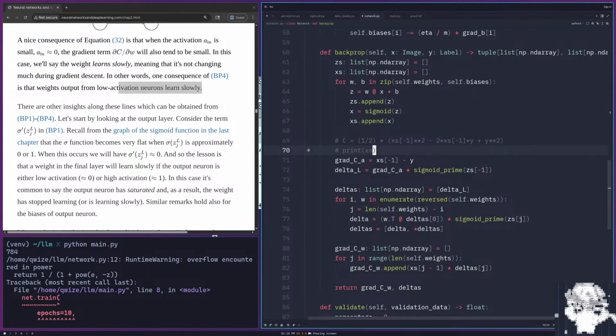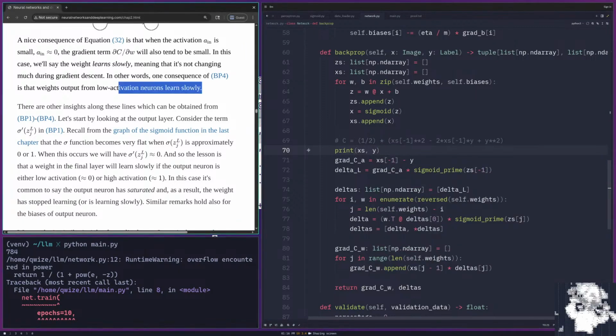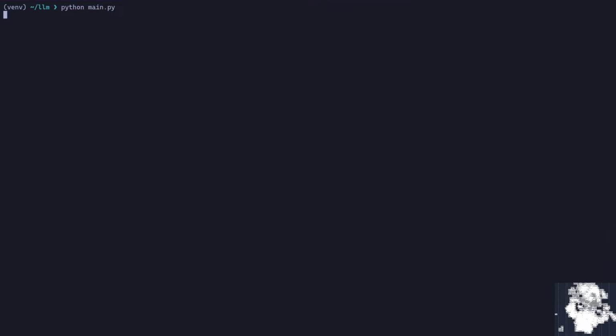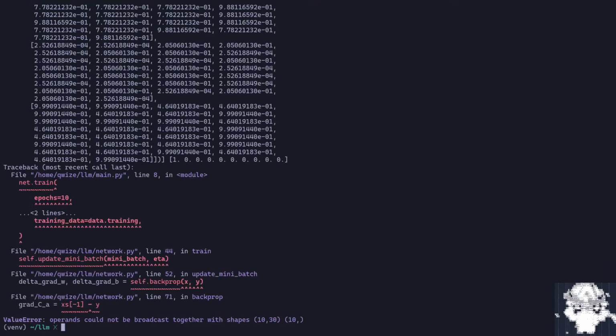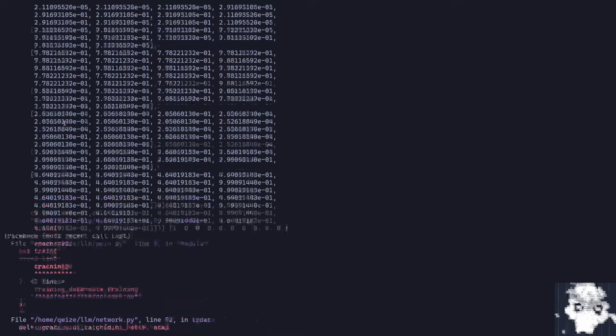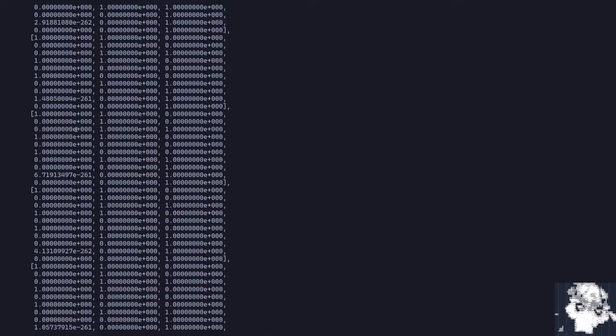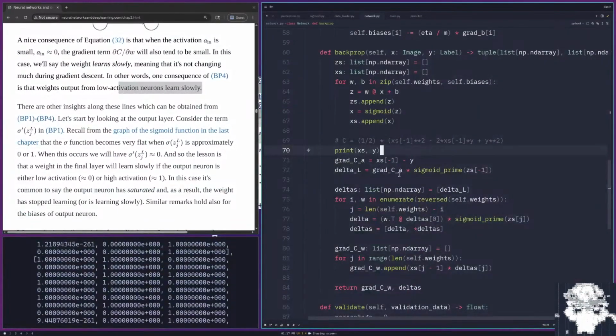Print me the xz's. Print me Y. I guess this is pretty hard to read. Okay, don't print me the xz's, just print me the shapes for each one.